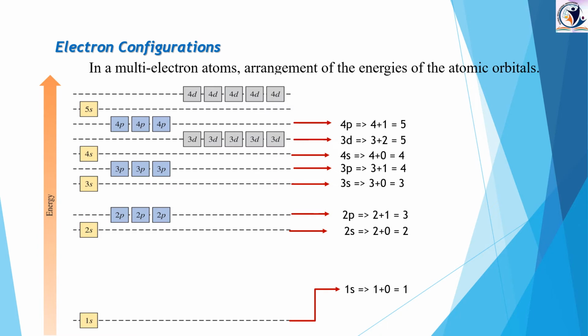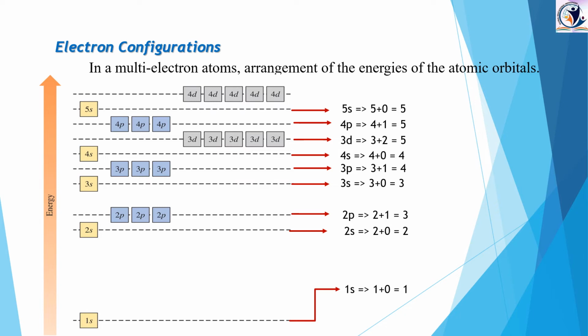Now let's see the next: 4p. 4p also has the energy level 5, but instead of 3d being at the top, what has been done here? 3d belongs to the third shell and 4p belongs to the fourth shell, so 4p has the greater energy. Now let's see the next, coming to 5s. 5s also has an energy sum of 5, that is 5 plus 0.